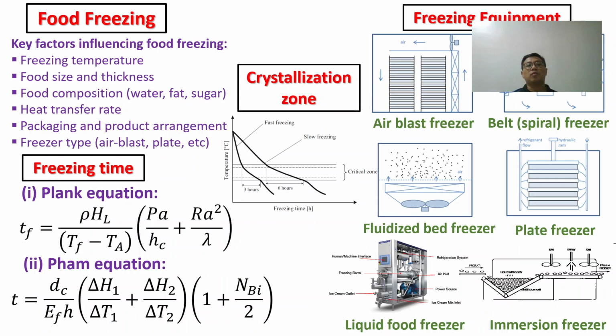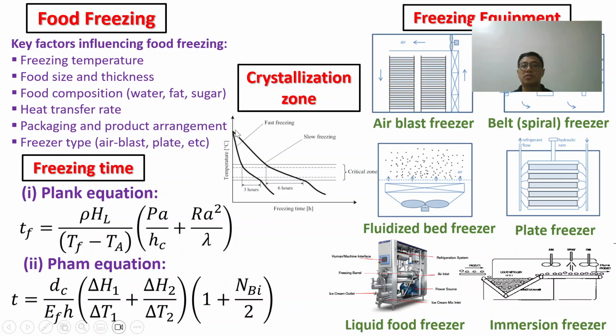Now to know that, one thing we can do is monitor the temperature change in the food. Let's say you see the diagram here, we can identify the crystallization zone. We try to minimize the crystallization zone so that we minimize formation of large crystals.